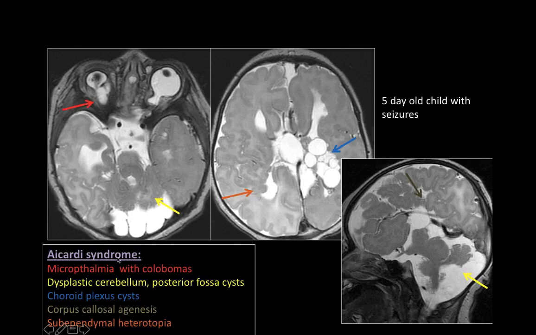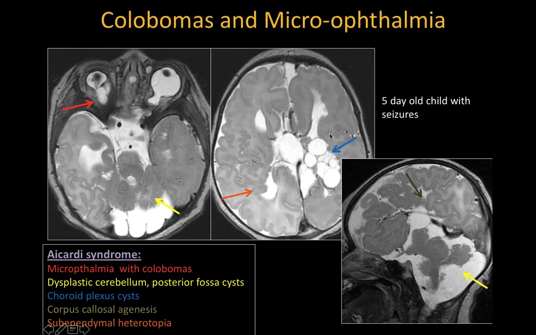So what is Aicardi syndrome? Again, to revise, we have microophthalmia associated with coloboma. Then we have dysplastic cerebellum along with posterior fossa cyst, choroid plexus cyst, agenesis of corpus callosum, and subependymal heterotopia. So this is a case of microophthalmia and coloboma.